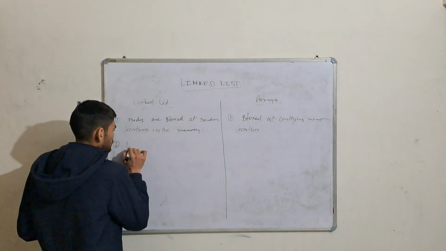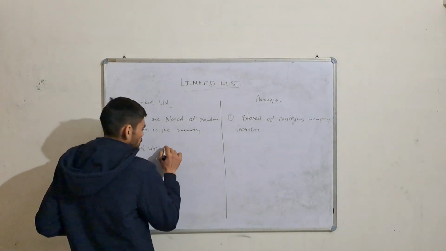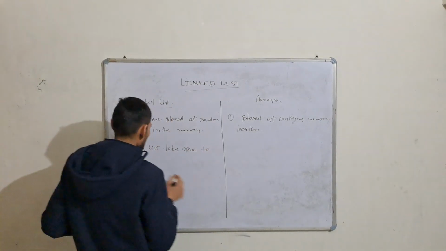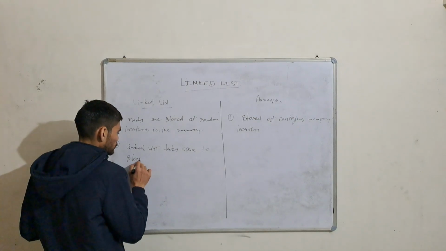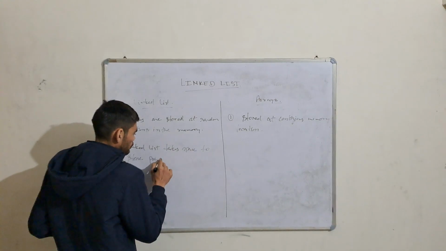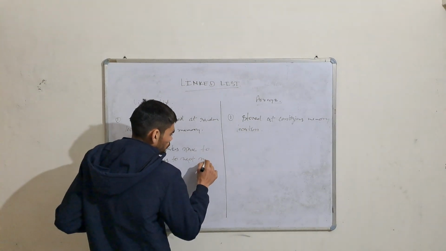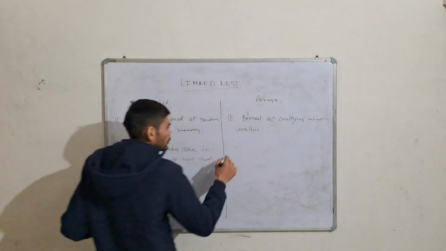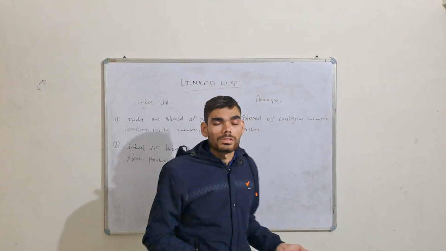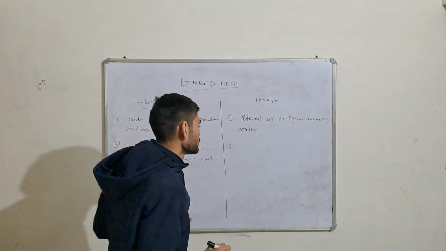The linked list takes extra space to store pointers to the next node. While in arrays there is no need for the pointers, so it is space friendly, we can say.